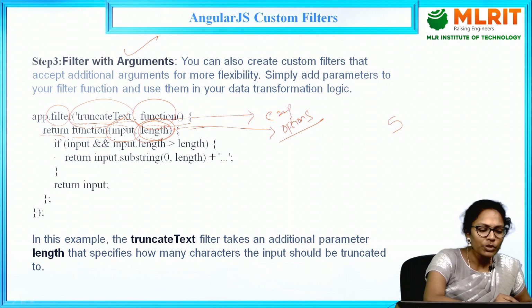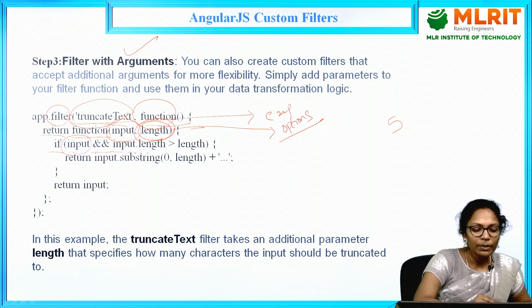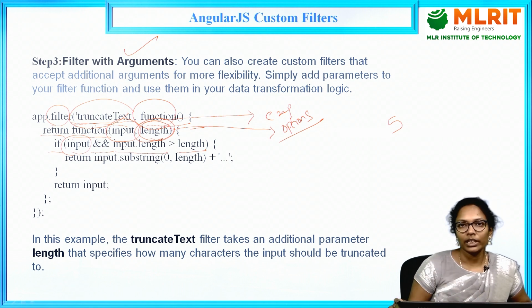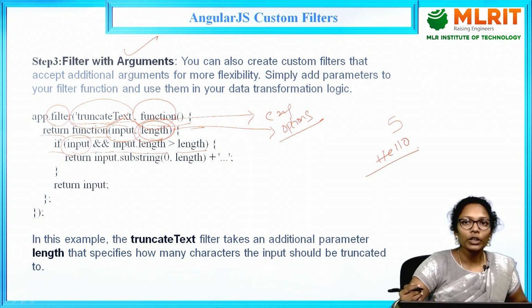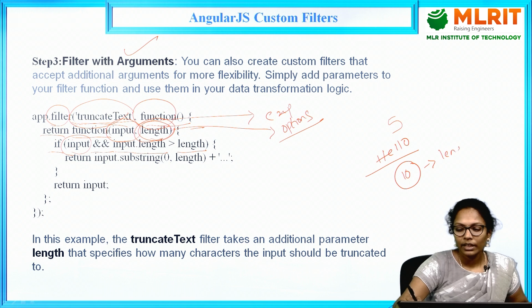Here I am checking two conditions. Whether input is there or not. If the input is there, I need to check whether the input dot length is greater than the given length or not. For example, you have the input as hello. You want to truncate this text to 10 characters. So this is length and this is the input dot length.